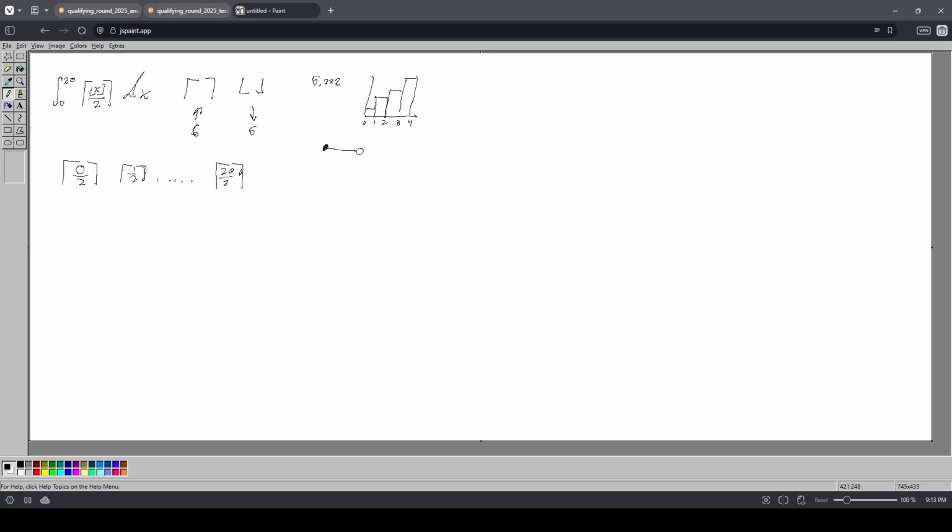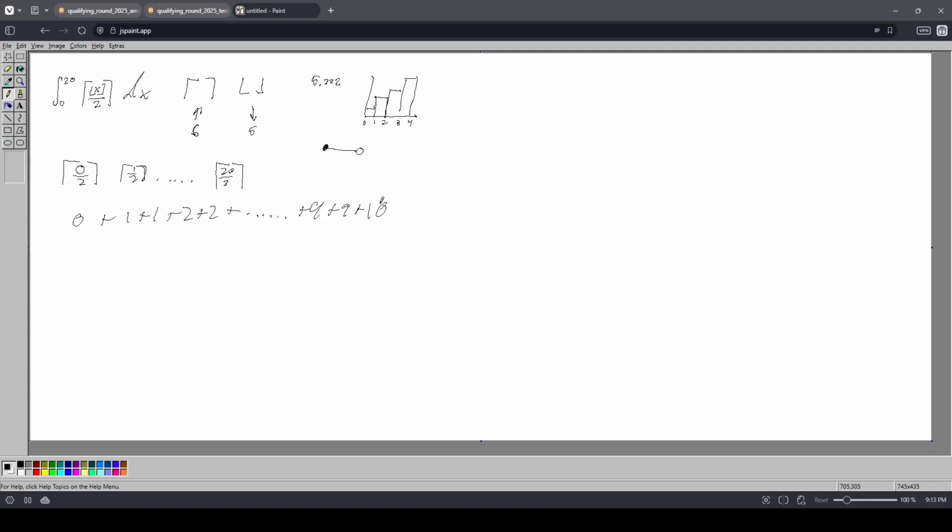So now we have the ceiling function, which once again you round, and when you plug it in, you're going to find that you get 0 plus 1, 1, 2, 2, plus 9 plus 9 plus 10, and then you add them up.